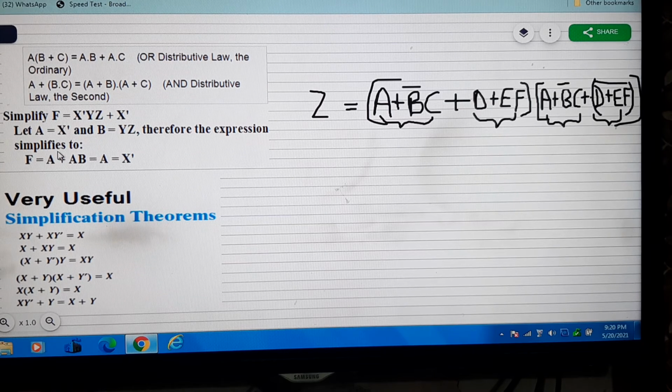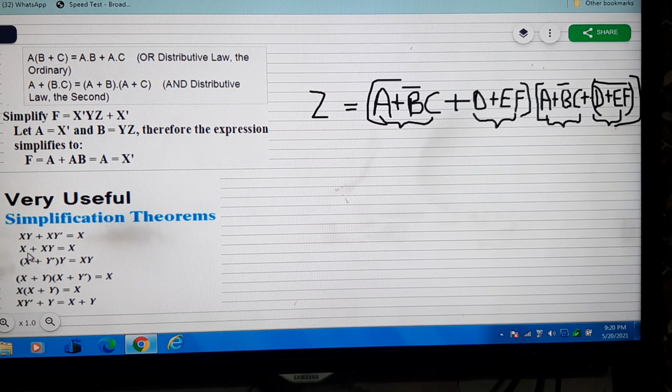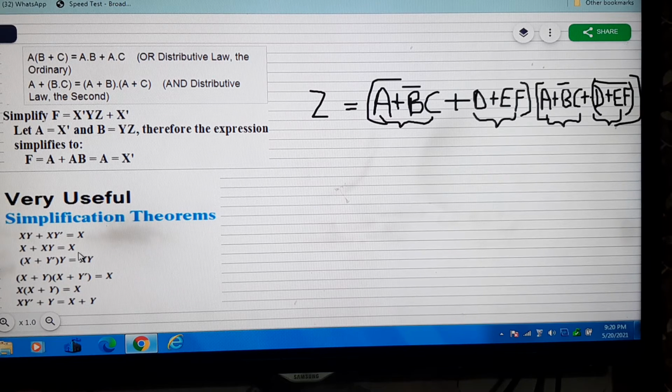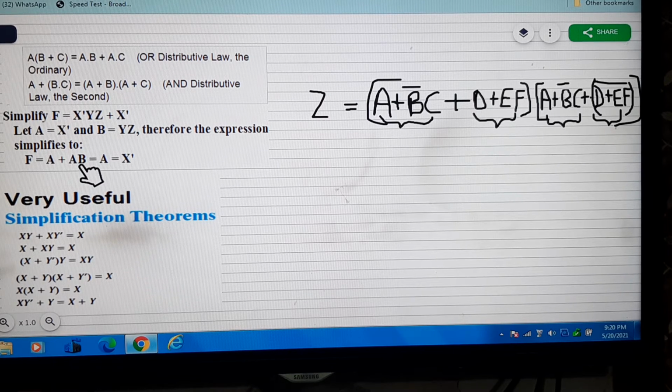We can write f is equal to ab plus a, and ab plus a will reduce to a. As we can see here, xy plus x will be equal to x, or ab plus a will be equal to a, and as we have assumed that a is equal to x bar, f is simplified to x prime or x bar.